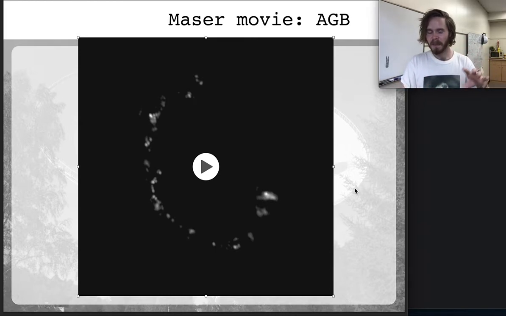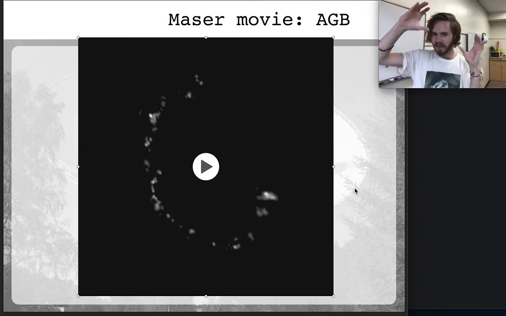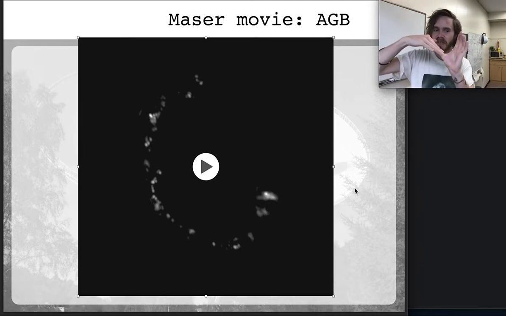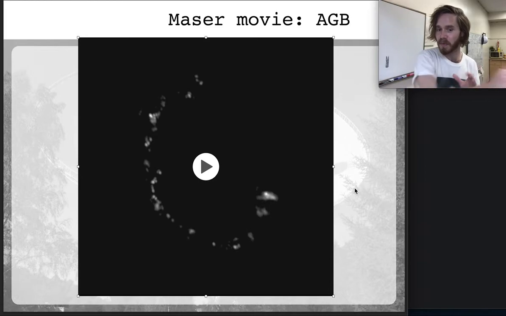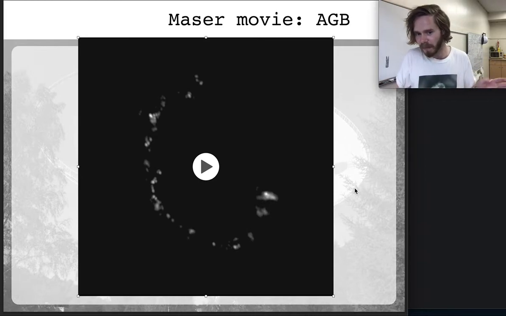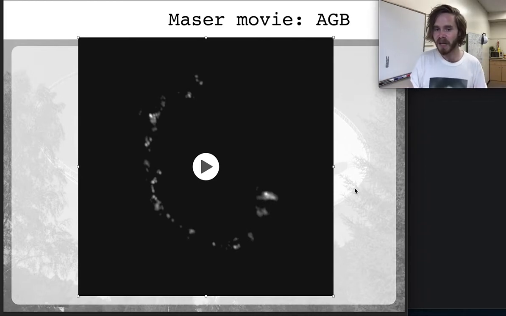It might not be that you're actually seeing physical motion of gas. It might be that the gas is not moving, but the region where the temperature is right is moving through the gas. Potentially, it's hard to tell, right? But anyway, these are the beautiful things you can do with masers.